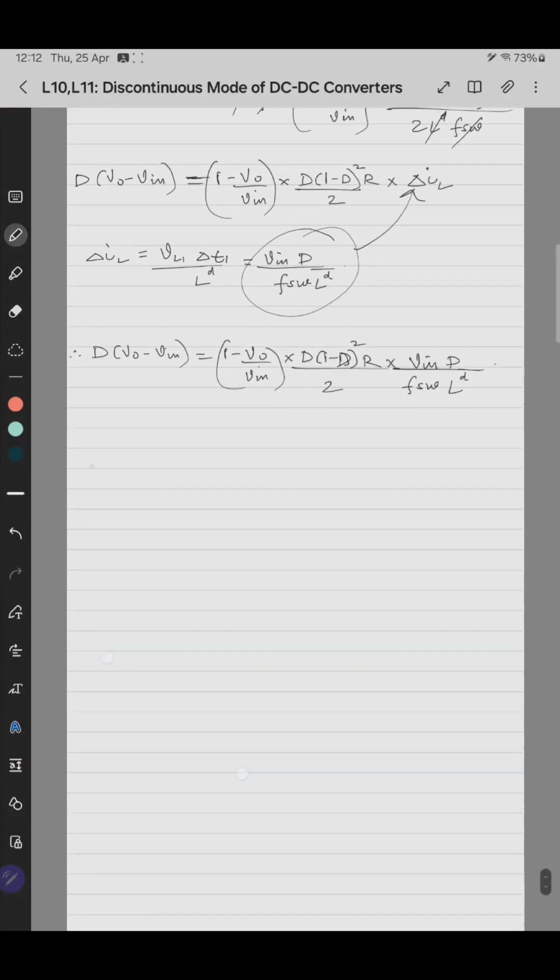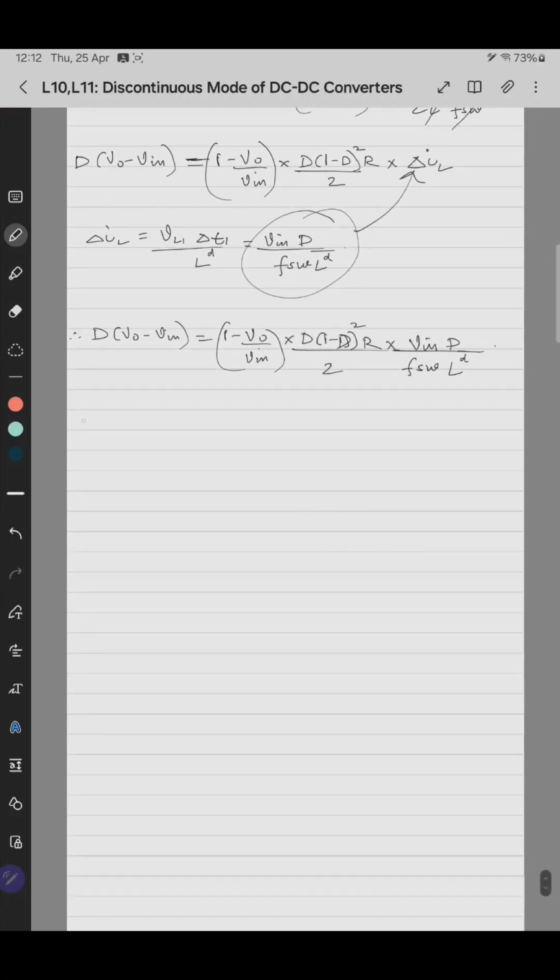We have to rearrange this equation so that we get minus (V naught minus V in) by V in into D square V in R into (1 minus D) whole square by 2 L_D F switching. So this will be cancelled with this.